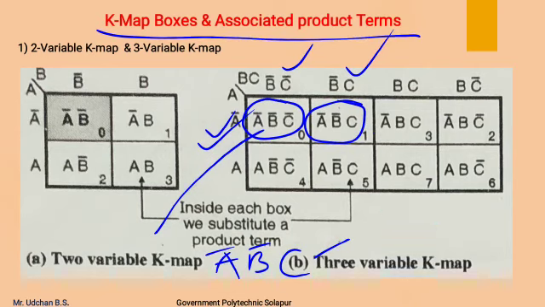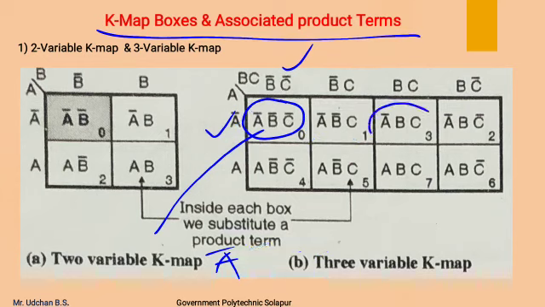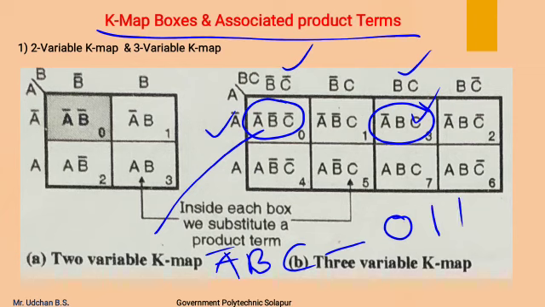After that, the third product term is related with A bar and BC, so we get A bar BC as the third product term for this box, which is represented as 0 1 1. Its decimal equivalent is 3.